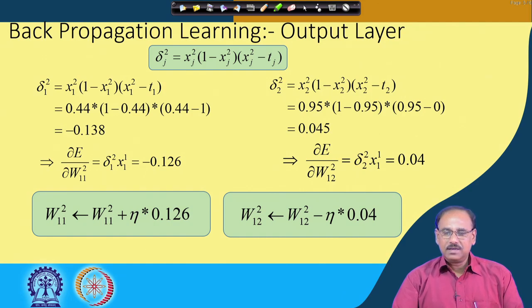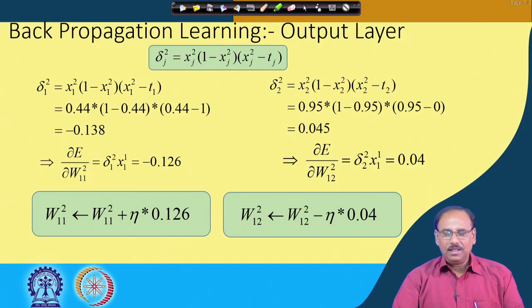Now, you note an interesting point over here. After updation, W 1 1, the connection weight from the first node in the hidden layer to the first node in the output layer, is being increased, whereas the connection weight from the first node in the hidden layer to the second node in the output layer is being decreased.